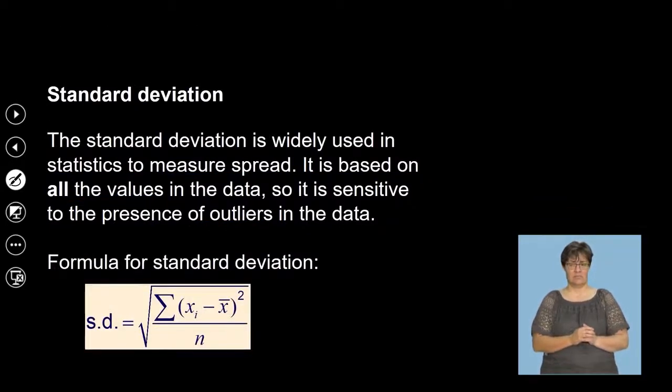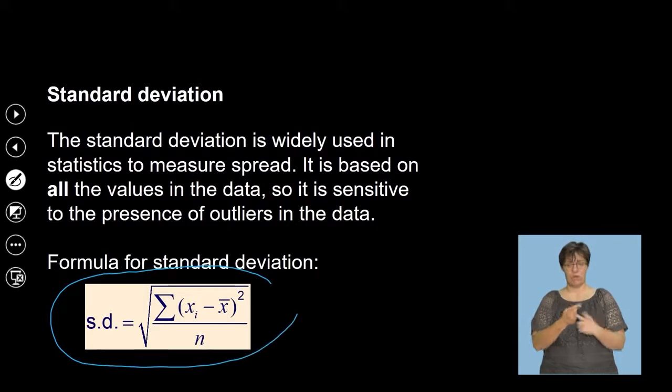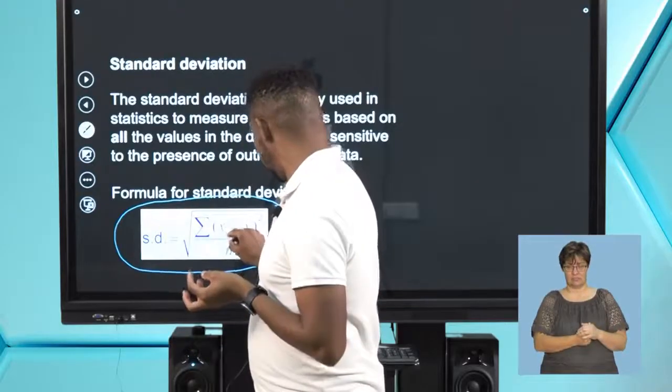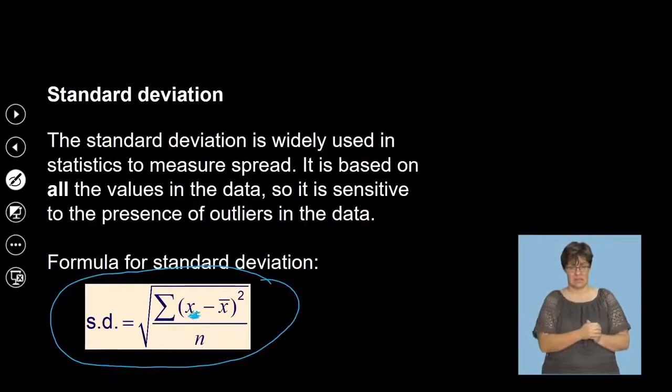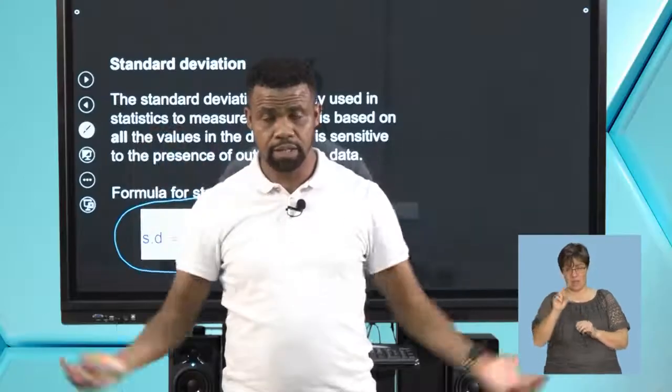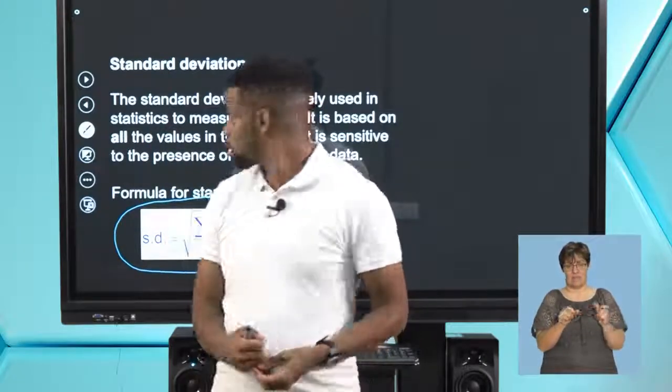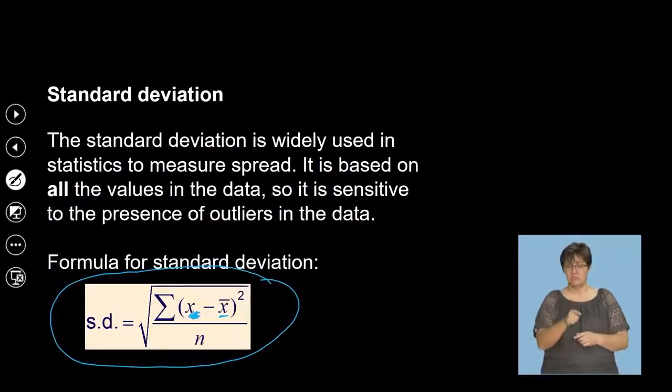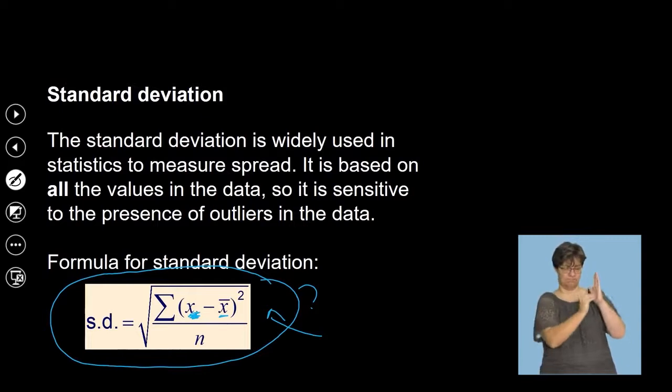The standard deviation can be calculated using this formula: the actual numbers minus the mean, squared, and divided by the sample size. To use this formula, it's better to group the data first, but we'll use our calculator. I'll show you how to use the calculator to calculate the standard deviation.